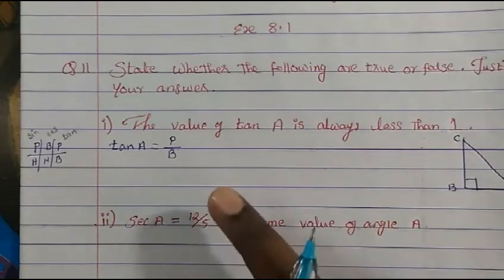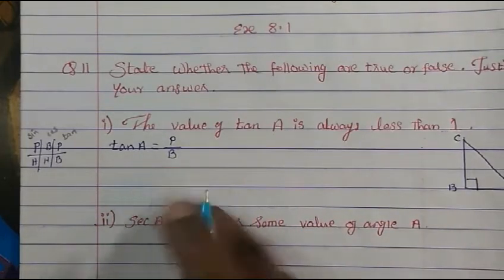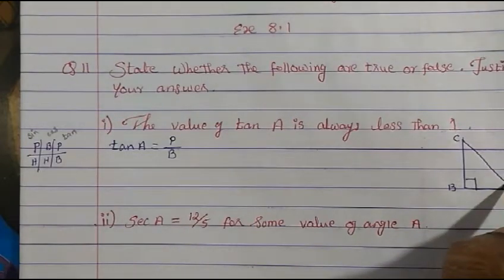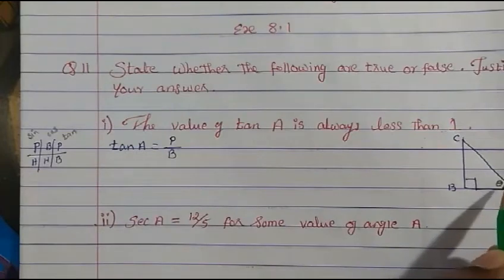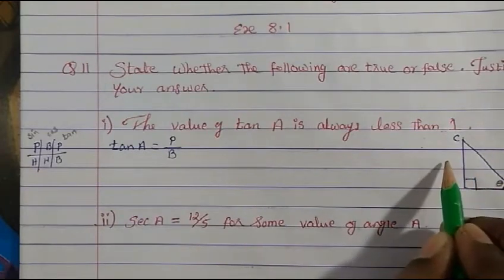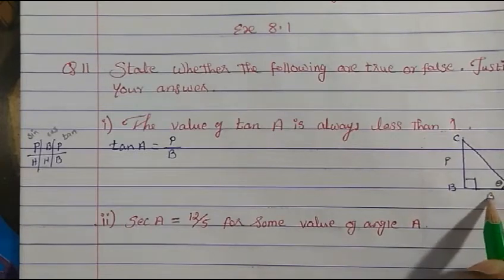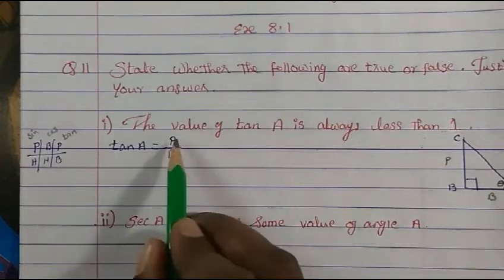So now we will take any two side ratio. So tan A means angle theta is here on A. So that means opposite to theta becomes perpendicular and this becomes base. So now perpendicular upon base.